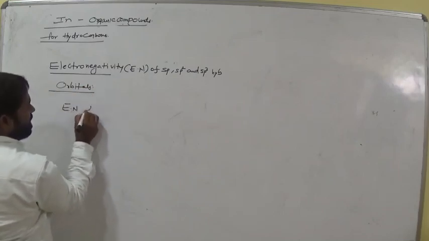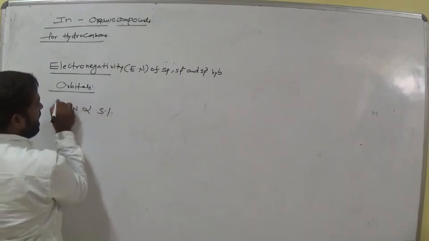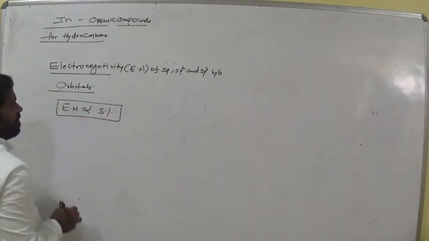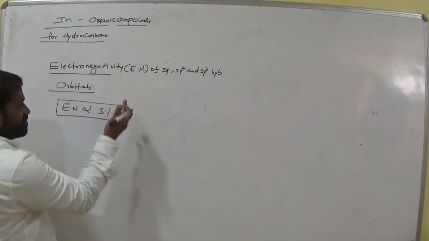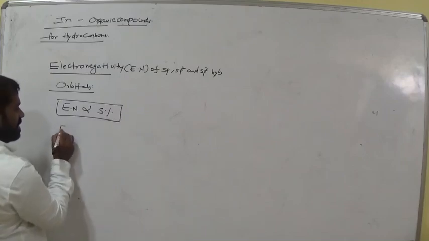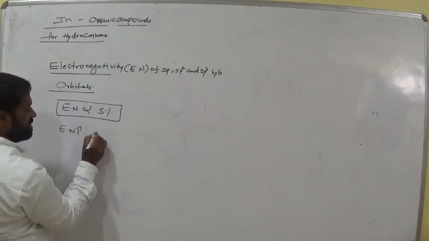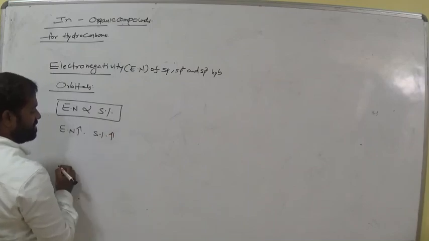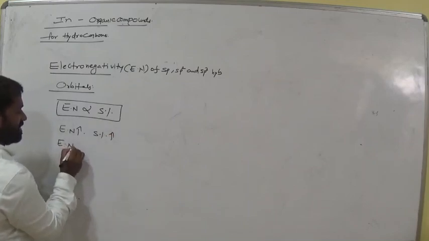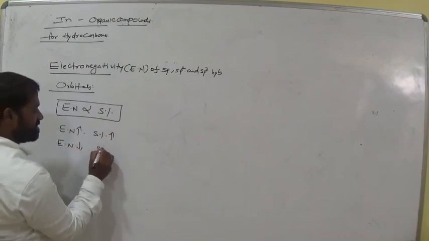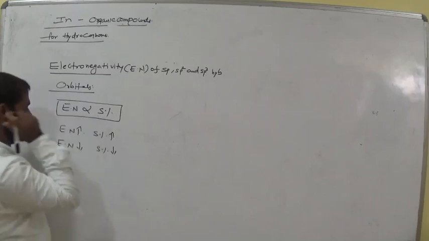Electronegativity is directly proportional to percentage of s character. If the s percentage increases, electronegativity increases. If s percentage decreases, electronegativity also decreases. This is the meaning of a directly proportional relation.